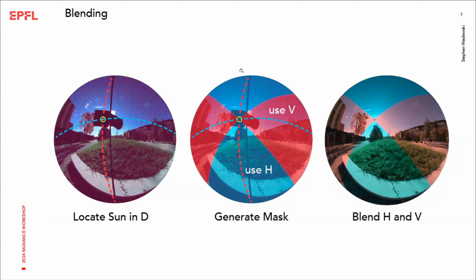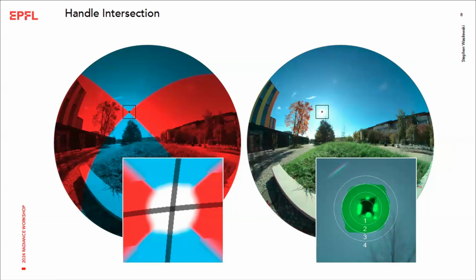And so then we can make a blending mask and use the horizontal to get rid of the vertical shadow band, and use the vertical to get rid of the horizontal. And then we can blend it all together like this and get everything really nice and flare free, except for that one central spot where the two band images intersect.